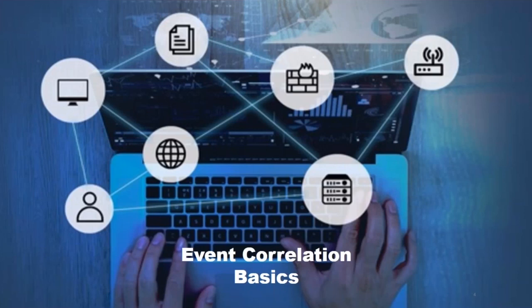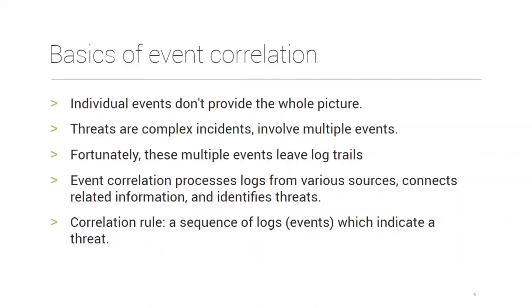So we move on now to the basics of event correlation. Before I explain what it is, I'd like to highlight a couple of points. Point number one is that very often, individual events are not enough to provide the whole picture. For instance, let's say a user fails to log on to Windows.